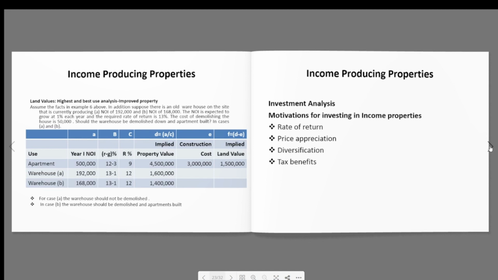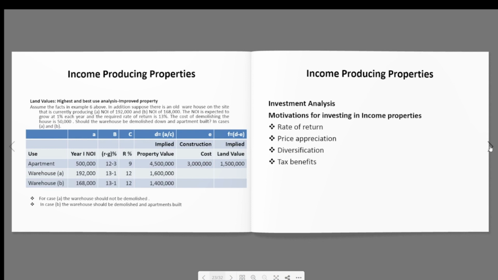The net operating income is expected to grow by 1% each year, and the required rate of return is 13%. The cost of demolishing the house is 50,000. Will the warehouse be demolished and an apartment built in case A and B?